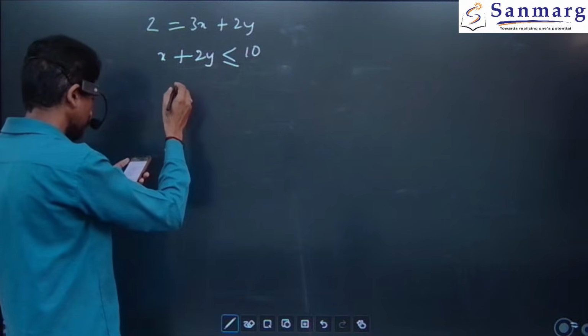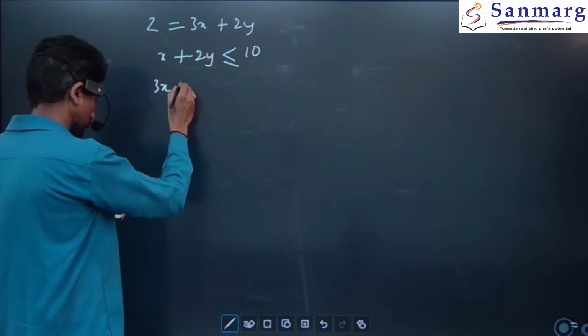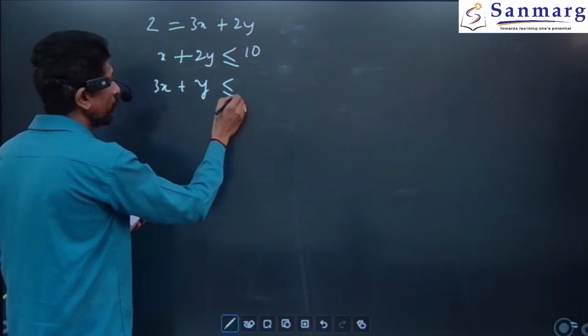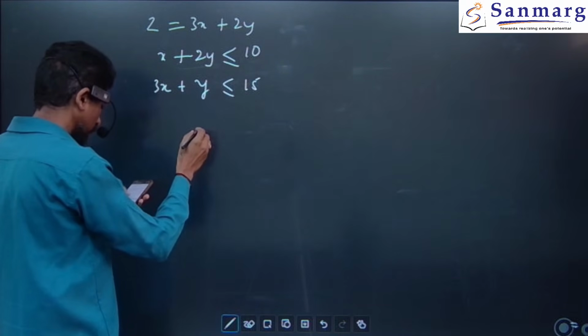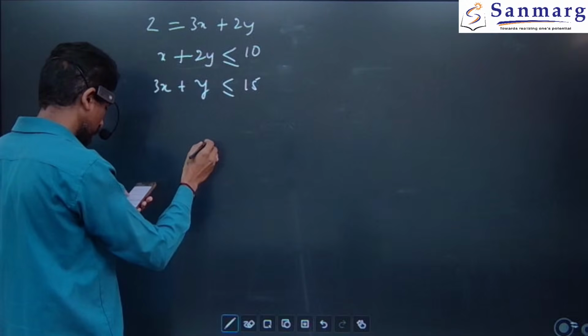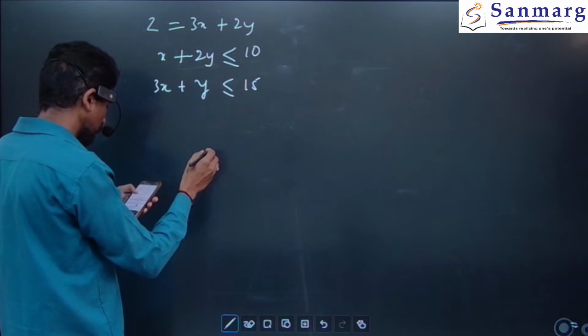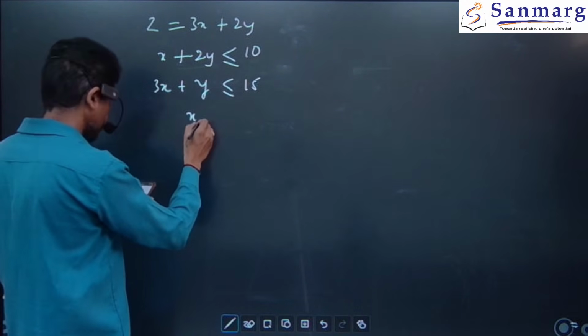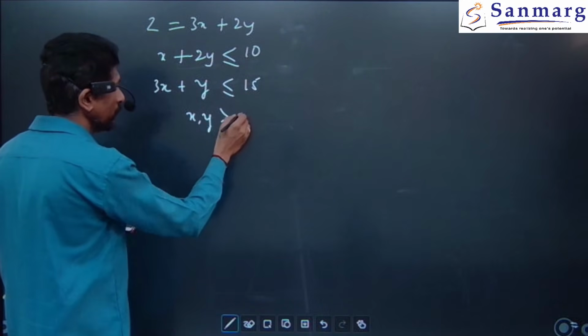Another one is 3x plus y less than or equal to 15. Only two equations are there, where x and y are greater than or equal to 0.